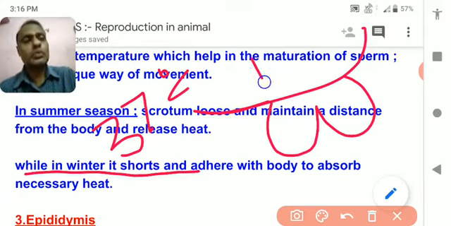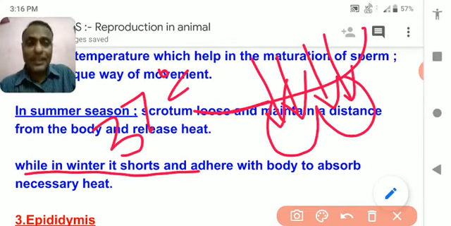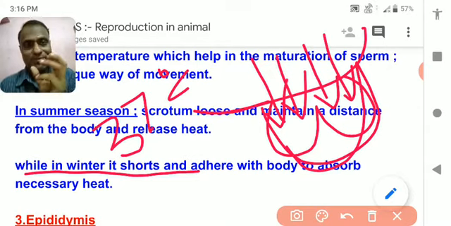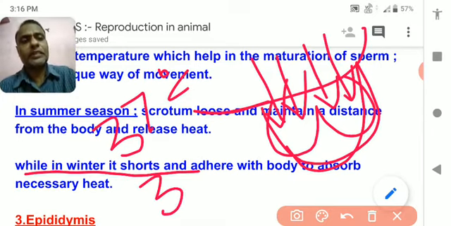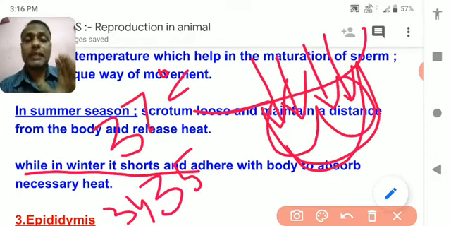So to maintain the proper temperature, it remains attached to the body, becomes shorter and smaller, and takes the body heat to maintain the temperature between 34 to 35. Understood? It maintains the temperature by the movement of its muscles. Understood? So it is written over here.